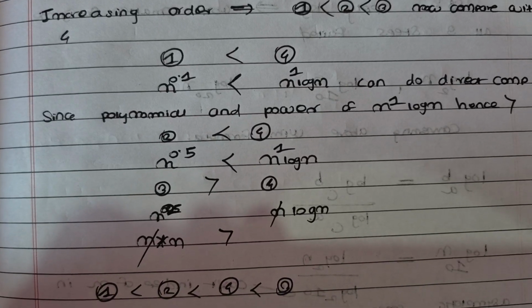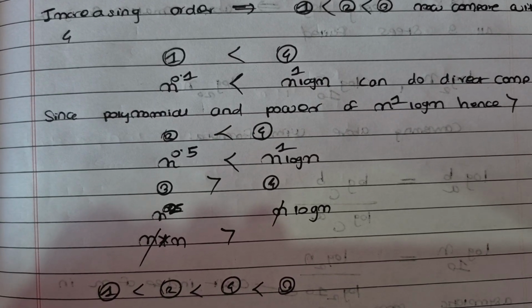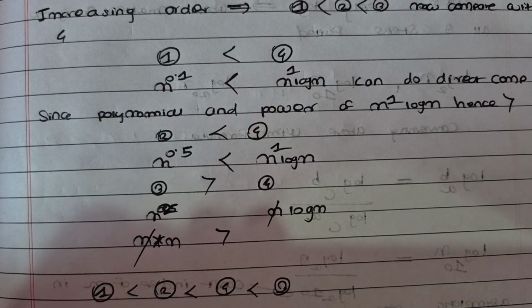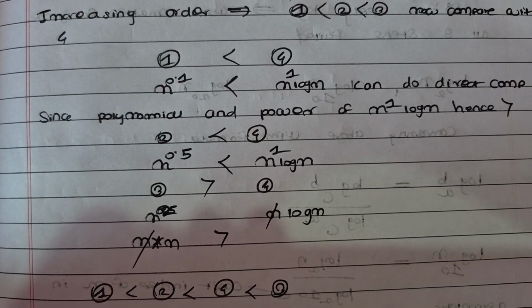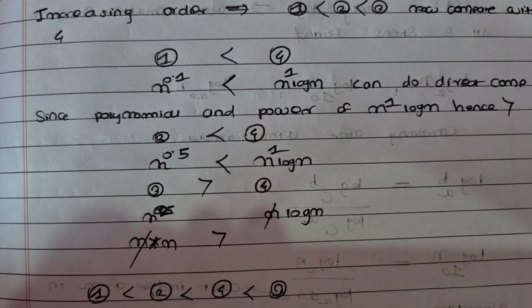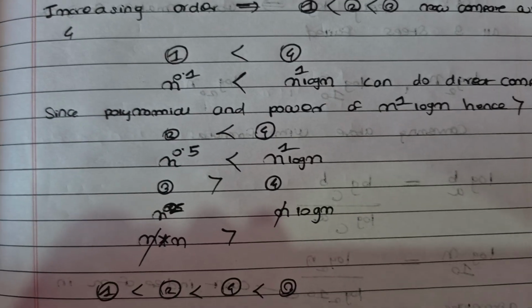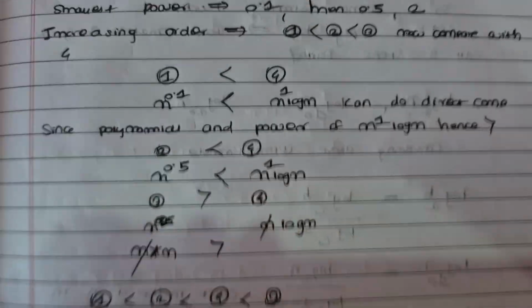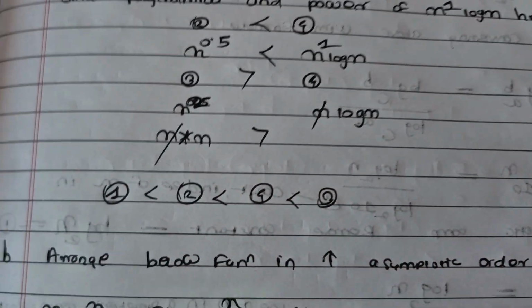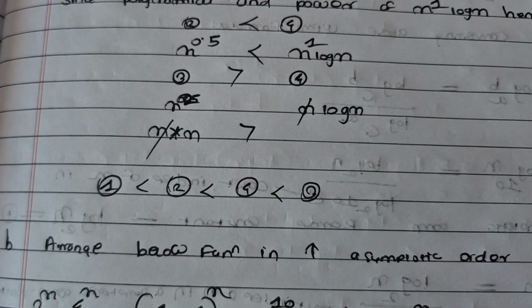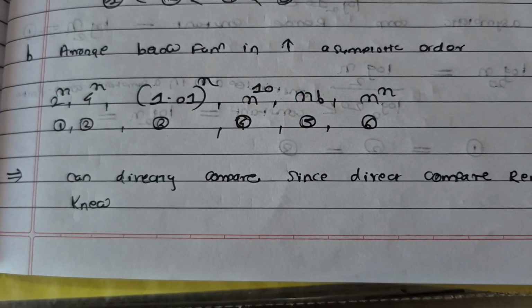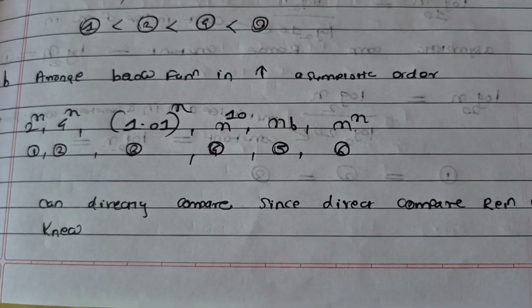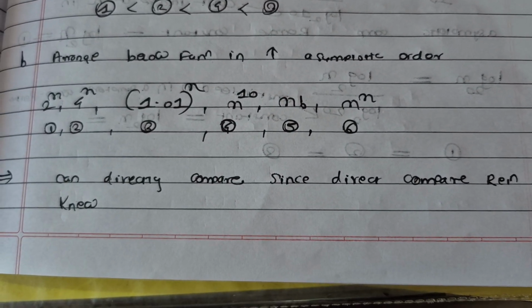For n square and n log n, we can cut n and n, which is the second step, to check if something can be cut. Here n would remain, and there only log n would remain, and n is always greater than log n, so 3 is greater than 4. So finally it comes out as 1 is less than 2 is less than 4 is less than 3. That's the answer.